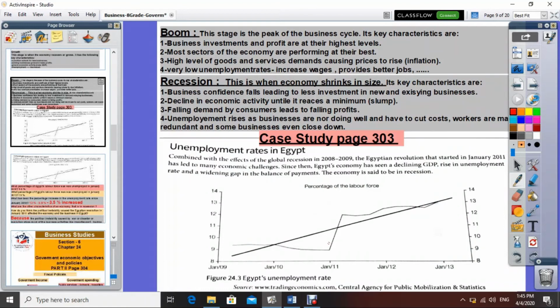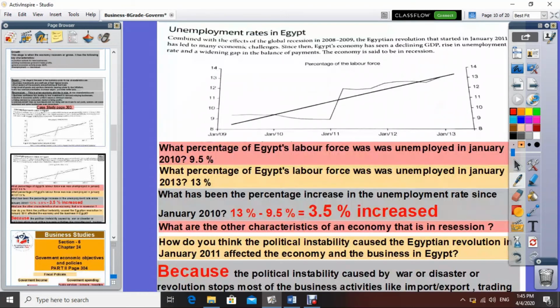The first question was what percent of Egypt's labor force was unemployed in January 2010, and the answer was 9.5. I see this is the point between 2010 and it's here, 9.5 percent.